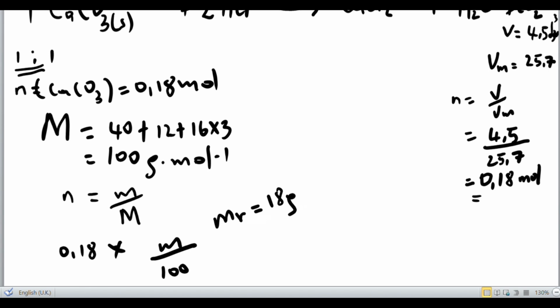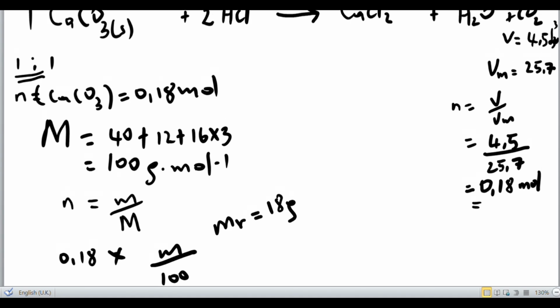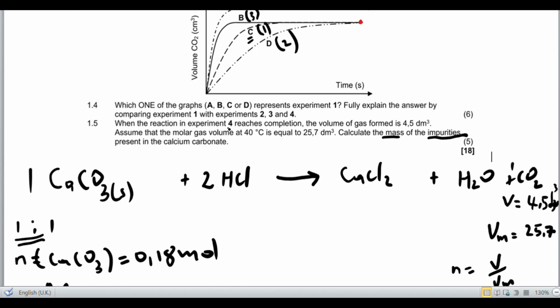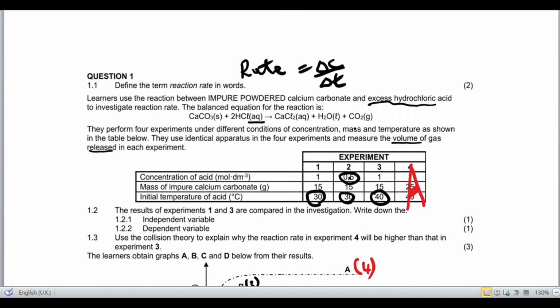So what does the question say? Let's go back to the question. The question says, calculate the mass of impurities. Which experiment are we using? Experiment 4. We look at experiment 4. What was the total mass in experiment 4? It is 25. Remember it was said to be impure, which means in this 25 we have impurities and calcium carbonate.